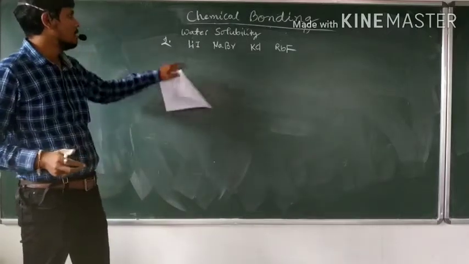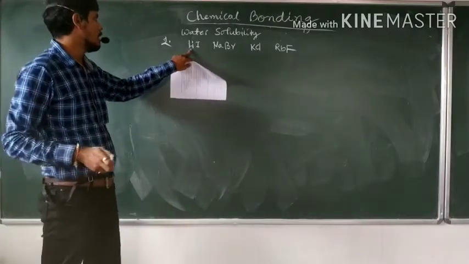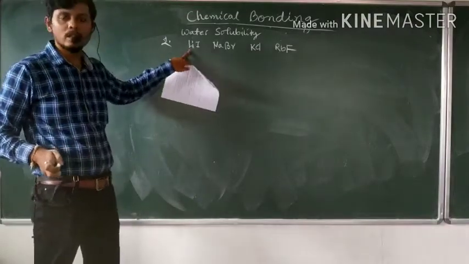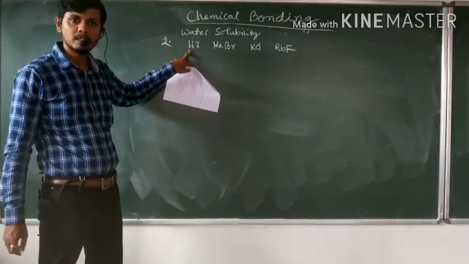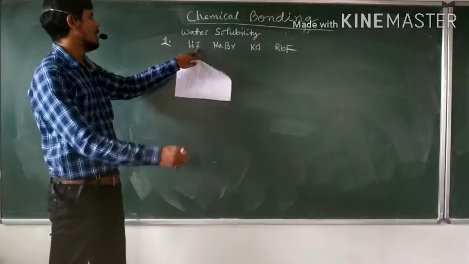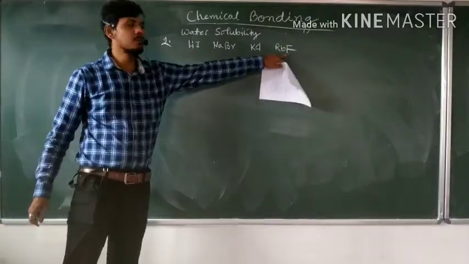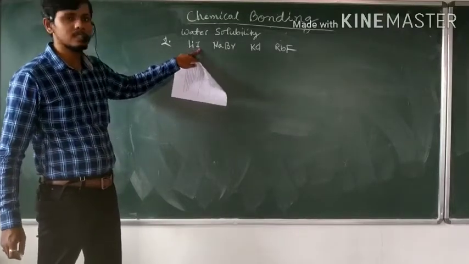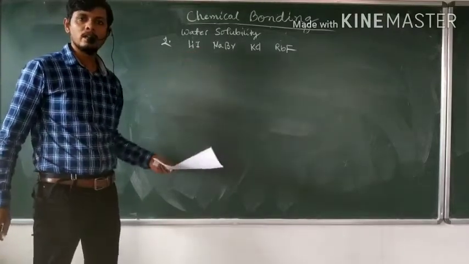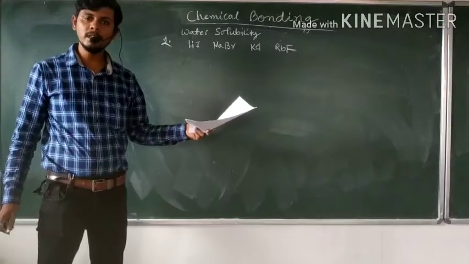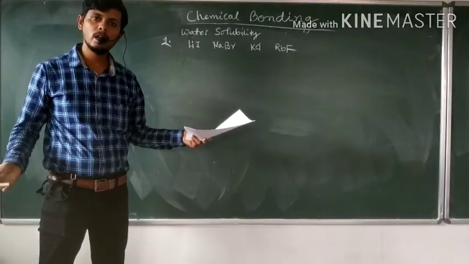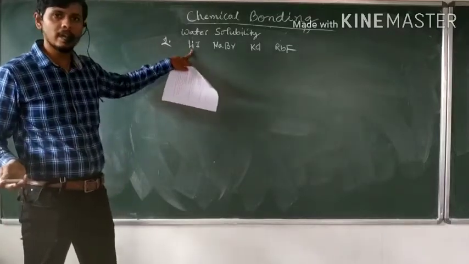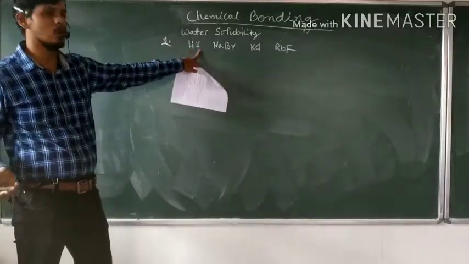Here I have lithium, sodium, potassium, rubidium. The smallest cation has the highest polarizing power, and among I negative, Br negative, Cl negative, F negative, the largest anion has the highest polarizability. The smallest cation is paired with the largest anion, so the cation has the highest polarizing power and the anion has the highest polarizability.